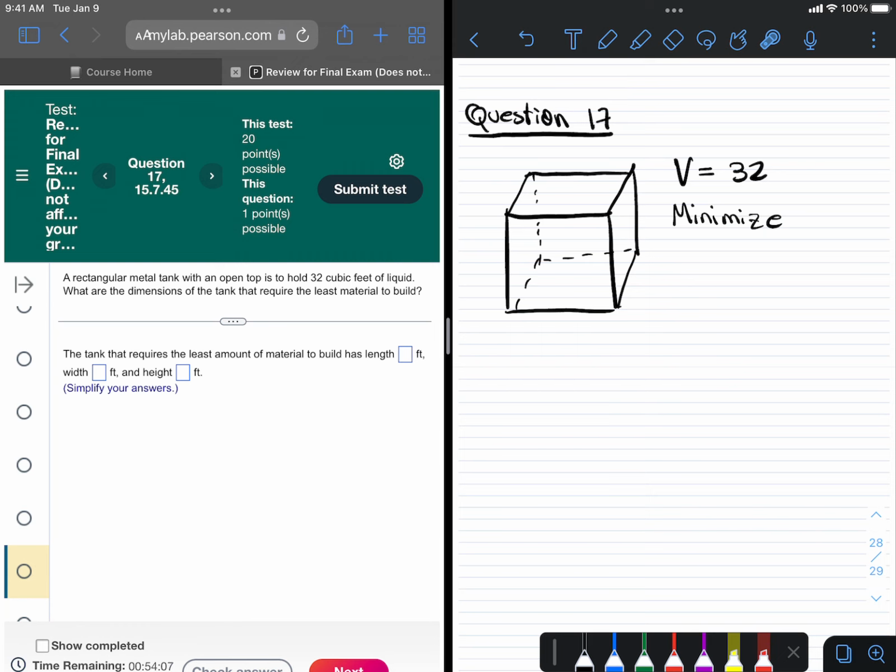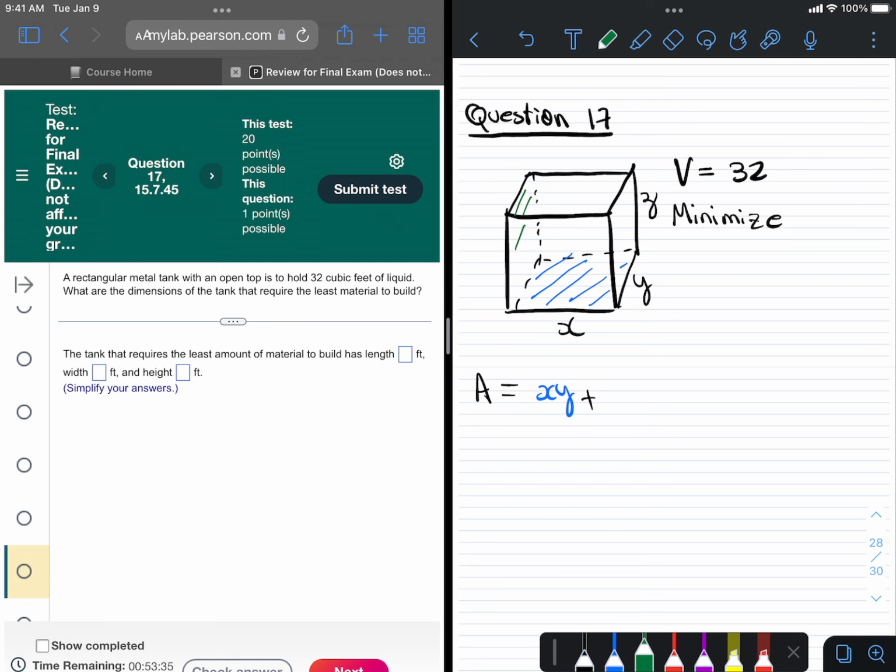So I'll name the sides x, y, and z, and then I'll write a function for the area. So I'll say area equals, so the bottom, maybe I should do it more carefully. It's xy. There's two sides, one on the left, one on the right.